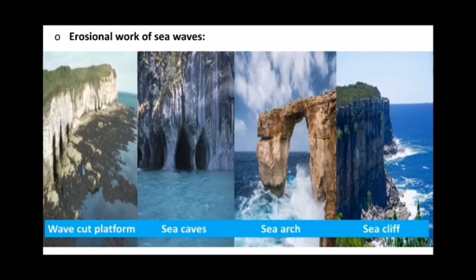Because of this erosion, several landforms are formed, like wave cut platforms, sea caves, sea arches, sea cliffs, etc. You can see in the picture the various kinds of landforms created due to the erosion caused by the sea waves.